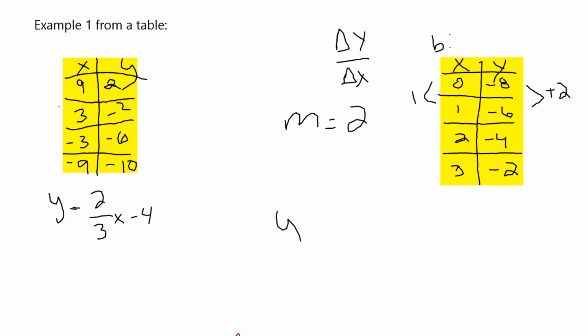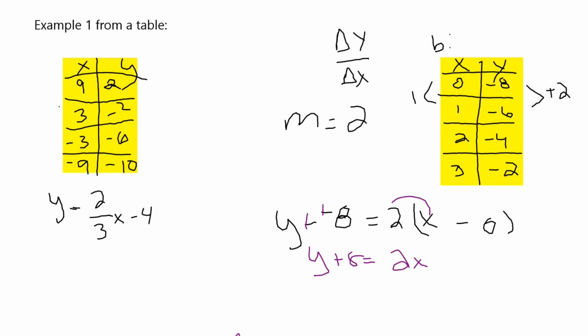Now we're going to go ahead and use our y minus y1 equals m times x minus x1 and substitute in what we need to know. So my x coordinate is 0. My y coordinate is negative 8, and my m is 2. So negative negative becomes positive, so y plus 8 equals 2 times x, which is 2x. 2 times 0 is 0.